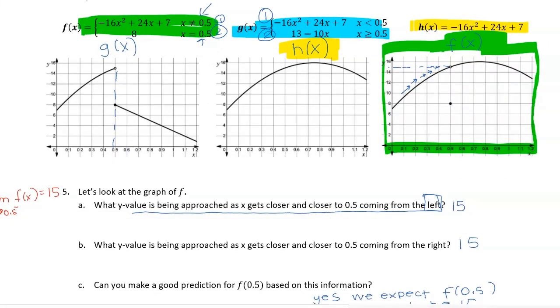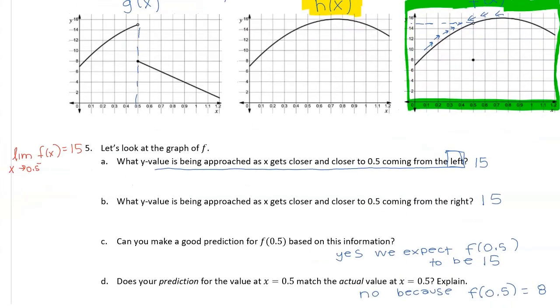Now let's look what is happening in question B. As we come in from the right, we notice that we're approaching that same value, that same output value. So this will be the limit as x approaches 0.5 from the right, and we use the positive sign to represent the right, of f of x is going to equal 15.